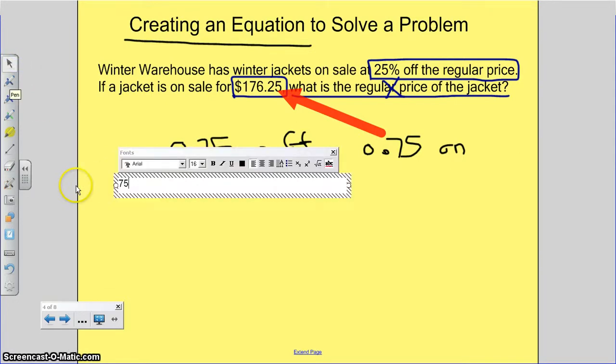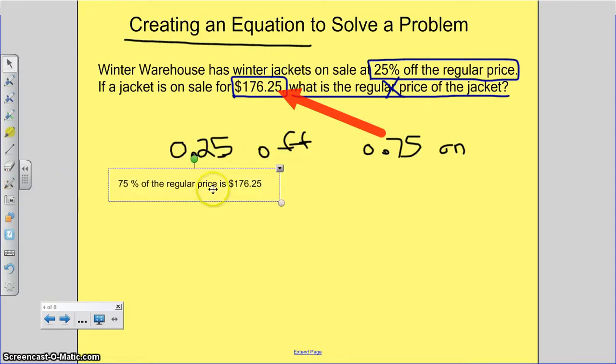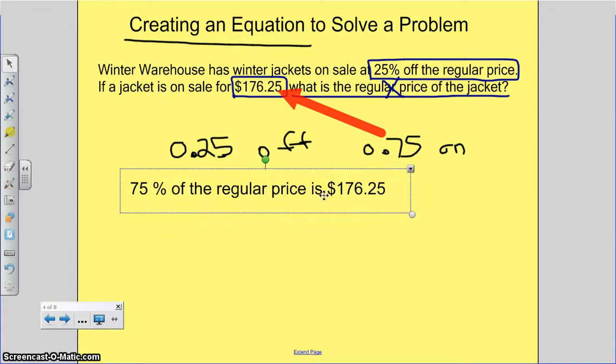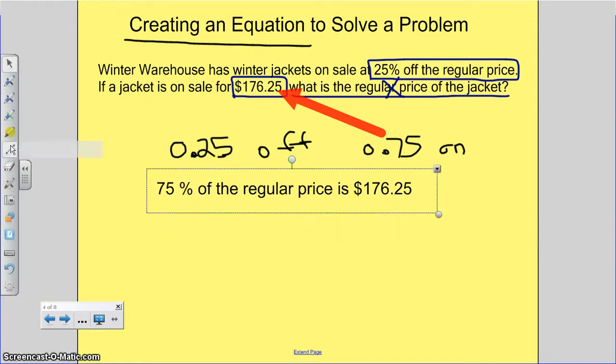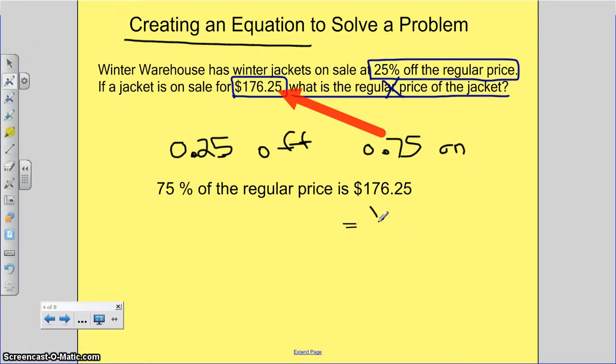So 75%, I'm going to rewrite it. 75% of the regular price is 176.25. Okay, so we're going to basically take this and translate it. The "is" is our equal sign. We're not going to change the 176.25.